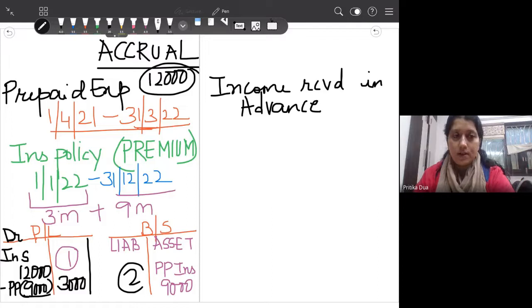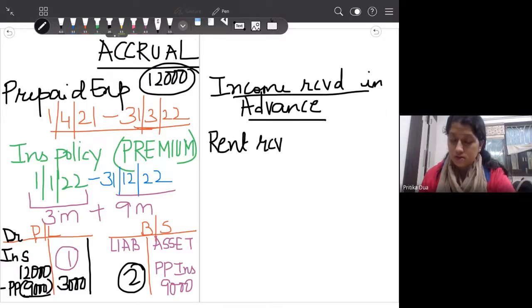Clear? Yes, ma'am. Okay, so now we move to the last case of adjustment under the accrual concept, income received in advance for the firm. So, let's take the rent example again. Rent received on 1st January 2022 for 1 year.